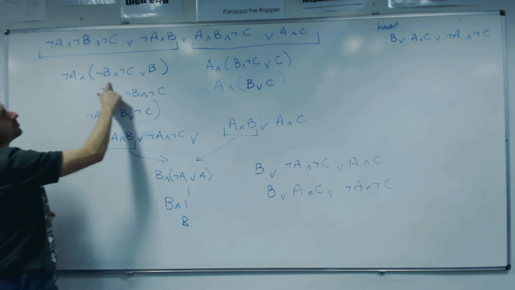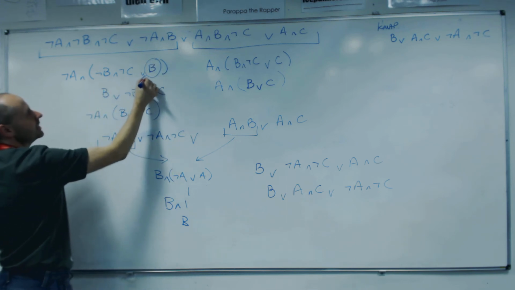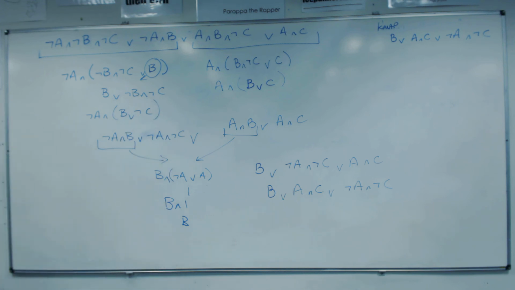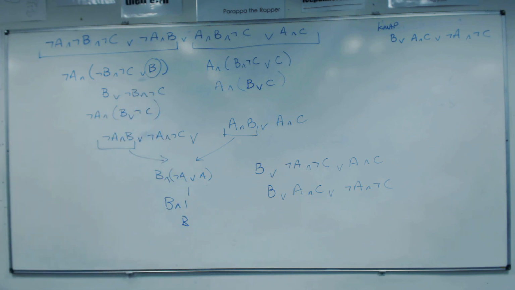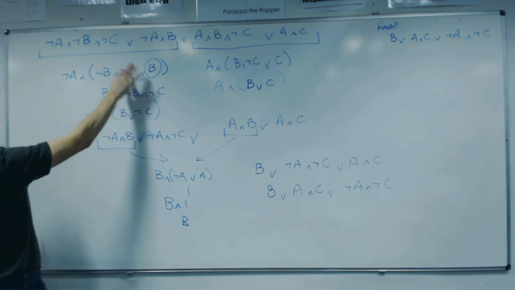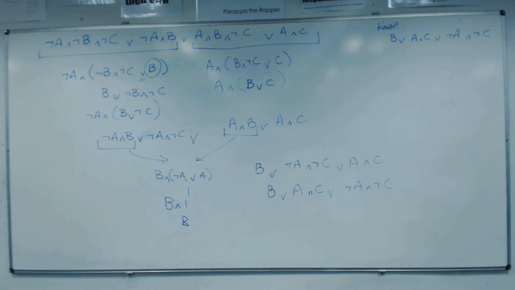When you're doing the absorption, wherever the single item is, that is the operator you keep. Okay? That's how those absorption rules work. It's just noting that you've got the opposite of something. Doesn't matter whether it was inside or outside the brackets. Okay.